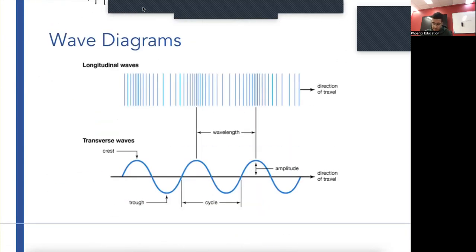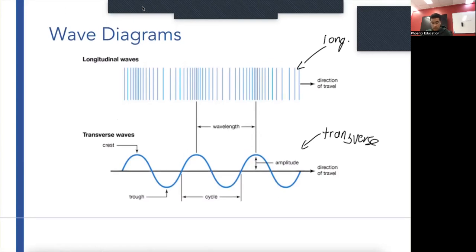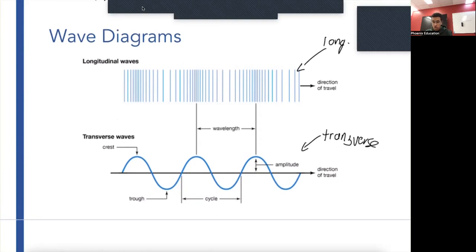Okay, and these are some wave diagrams to help. This over here would be a longitudinal wave, and this is a transverse wave. The difference, as we discussed earlier, is that in a longitudinal wave, the direction of oscillation is parallel to the direction of energy transfer.